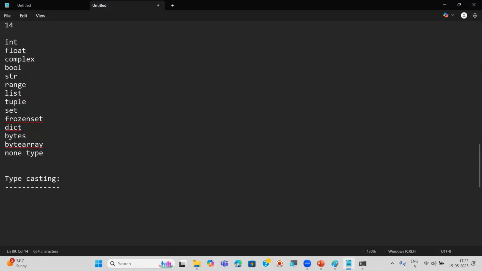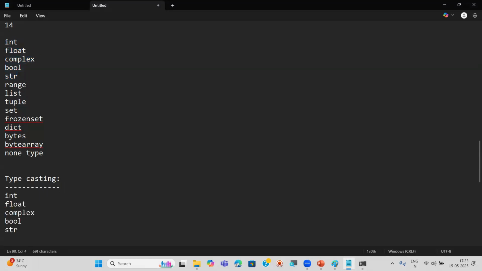So we can do this. This is called a typecast. If you want to convert the data, there are some inbuilt functions available. First of all, I am going to show this typecasting on the fundamental data types.